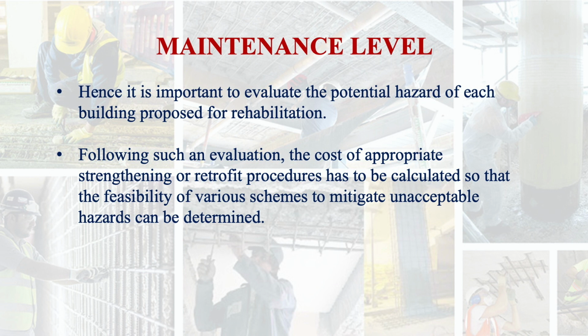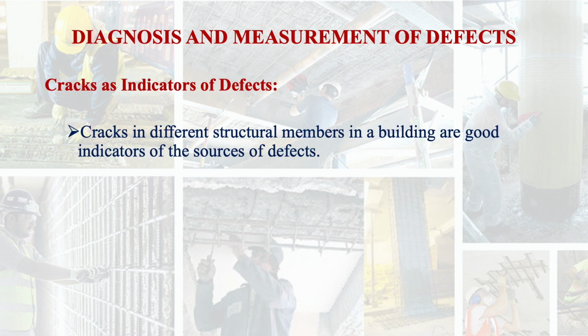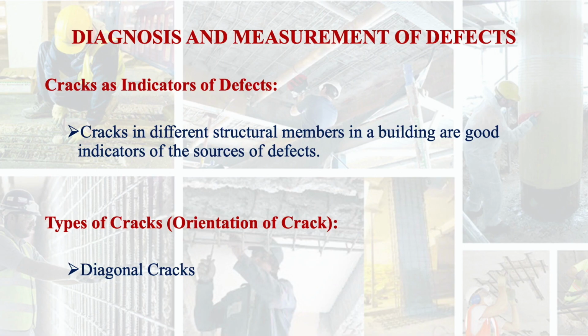Now we move to diagnosis and measurement of defects. Cracks are indicators of defects. Cracks in different structural members in a building are good indicators of the sources of defects. Types of cracks. If we consider the orientation of the crack, then we can divide the cracks into three categories: diagonal cracks, horizontal cracks, and vertical cracks.